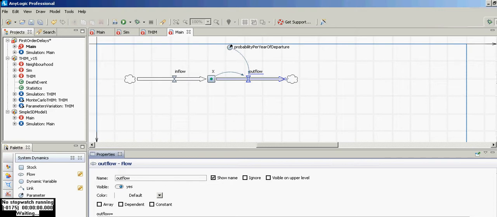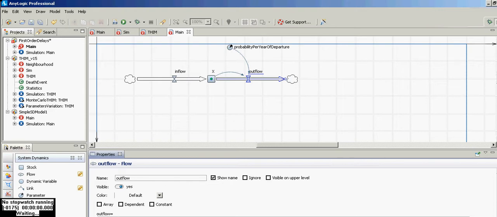We call them auxiliary variables, or dynamic variables here.